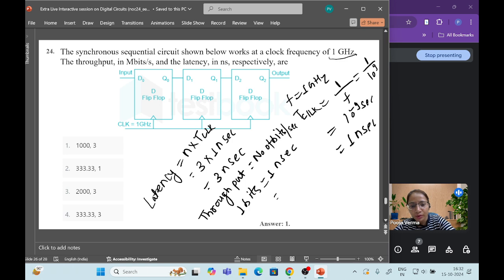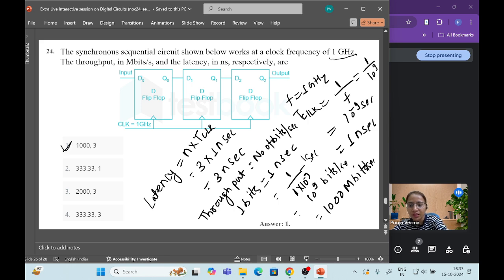Number of bits per second, so 1 bit, 1 by 10 to the power minus 9, right? Now it is per second. So if you further solve it, 10 to the power 9 bits per second. If you further do that, 1000 megabits per second it is.